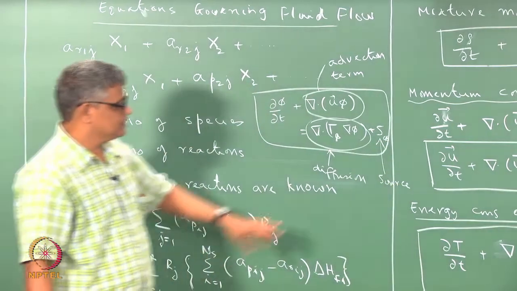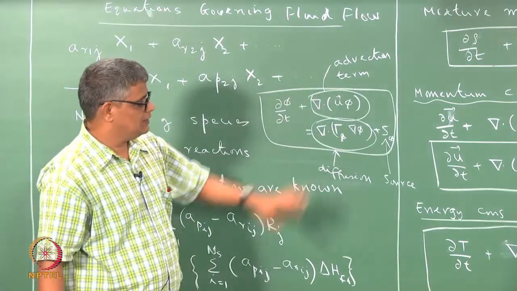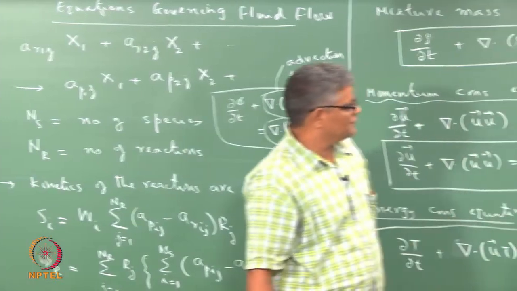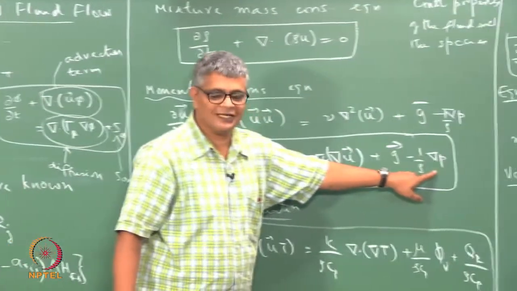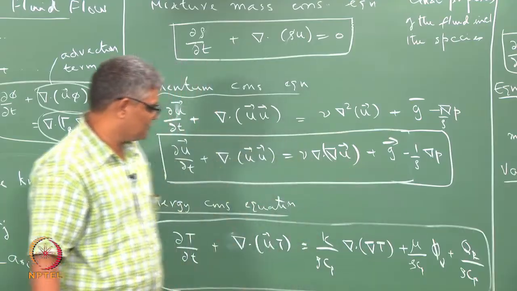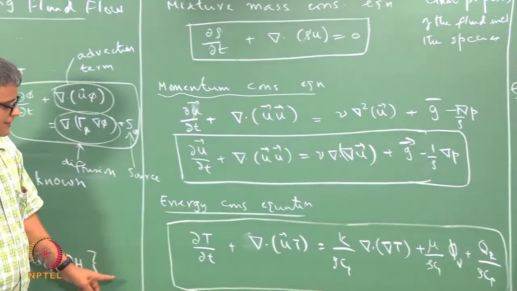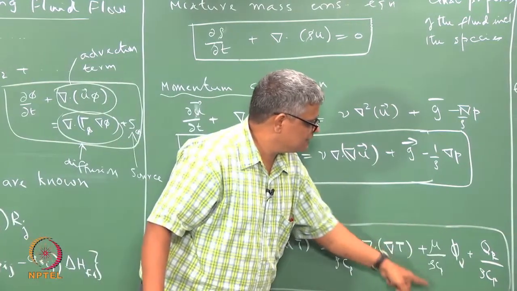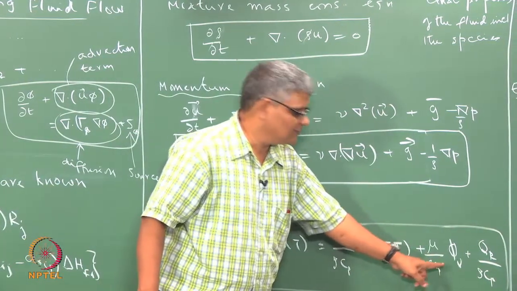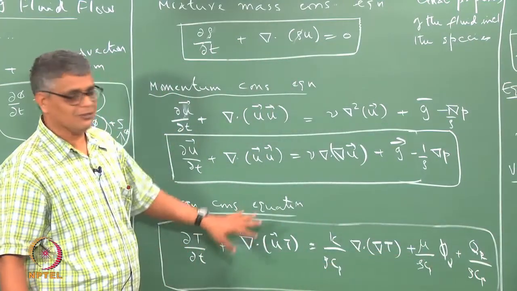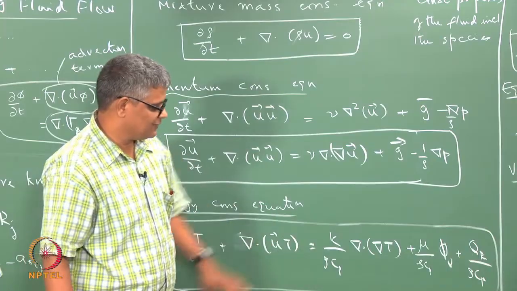And this is the source term. The source term takes different forms. For example, in the momentum balance equation, pressure gradient is a source term and gravitational external force is a source term. In the energy conservation equation, the viscous dissipation term is a source term, which will lead to an increase in temperature because of the work done against viscosity.